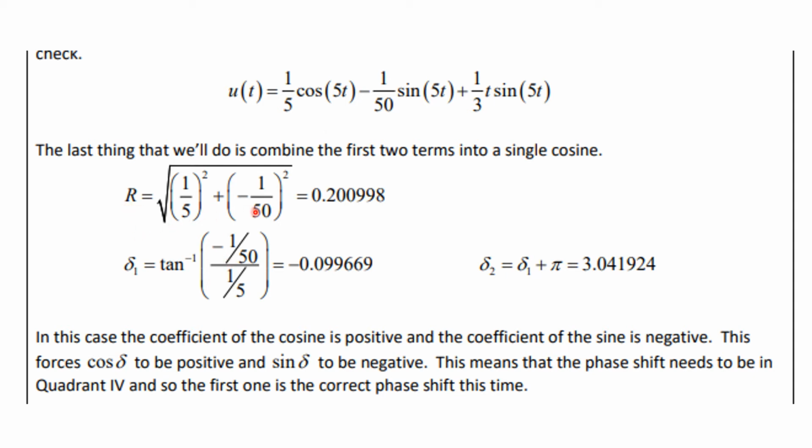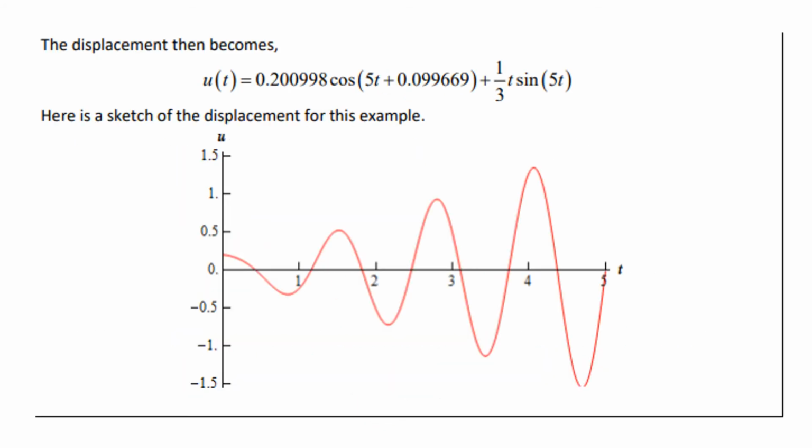Here we'll find the amplitude to be this, and here we will calculate what our phase shift is going to be. We will get this, or it will be that plus pi. Since the coefficient of the cosine is positive and the coefficient of the sine is negative, we're in quadrant 4. And so we know that this one is correct.